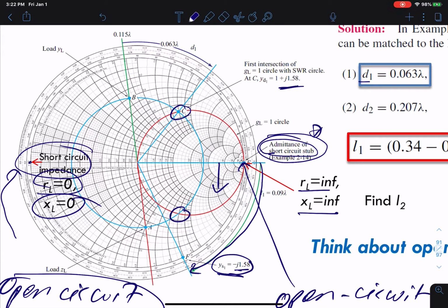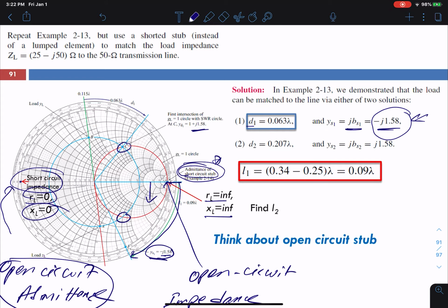So I have the short circuit admittance over here. Let me put a graphical note here. At this point I need to use a short circuit stub, right? I'm trying to find how much length I need to get the admittance of negative j1.58.